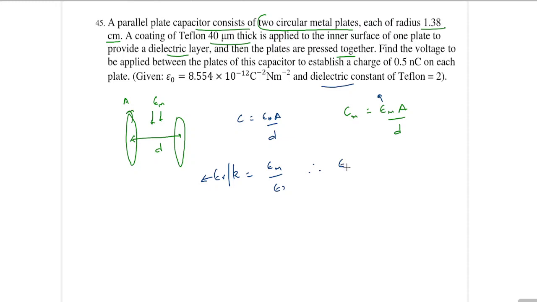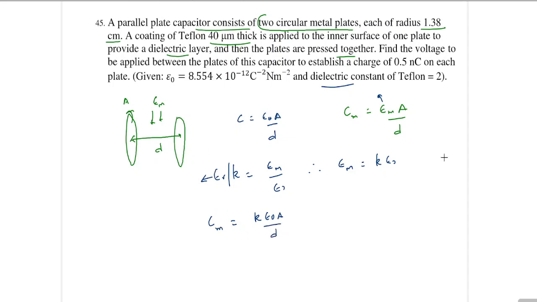Therefore, epsilon for a medium is equal to K into epsilon naught. Putting it back here, we get the capacitance in presence of a medium between two plates, Cm, is K into epsilon naught A by d.